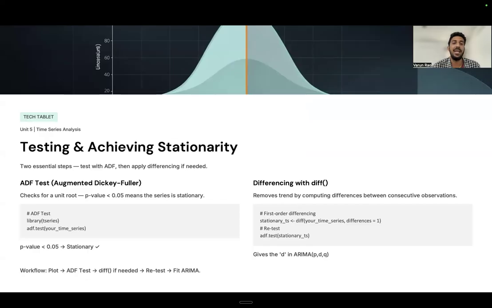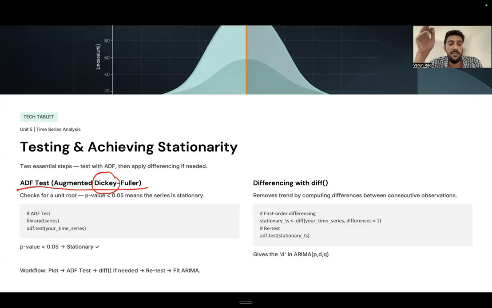Then comes testing and achieving stationarity. In order to do this, you have the ADF, which is the augmented Dickey-Fuller test. Please remember the name is Dickey. Do read it completely and do not read only half the name. So you have the augmented Dickey-Fuller test, and you also have the differencing test. Both of them essentially do the same thing: they test and they achieve stationarity.